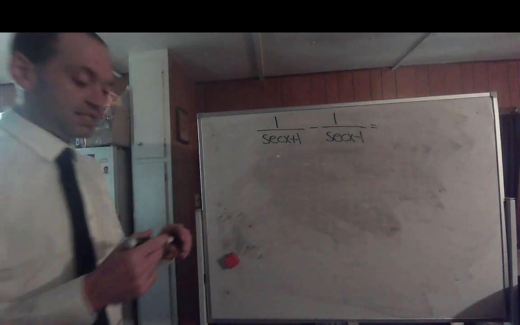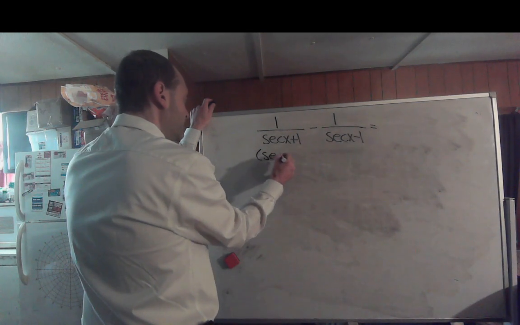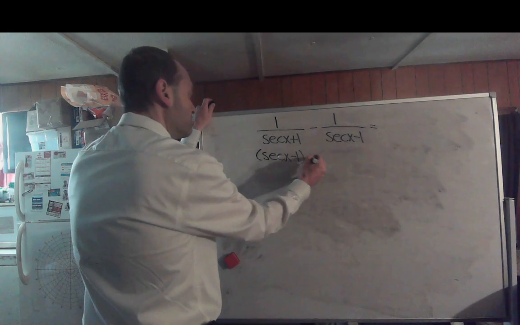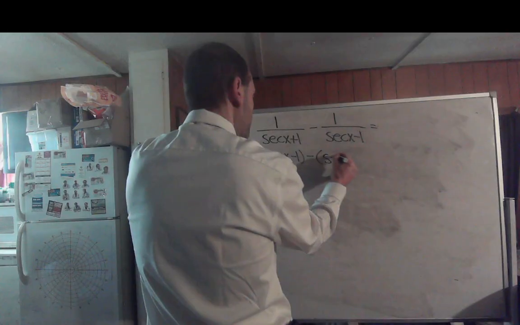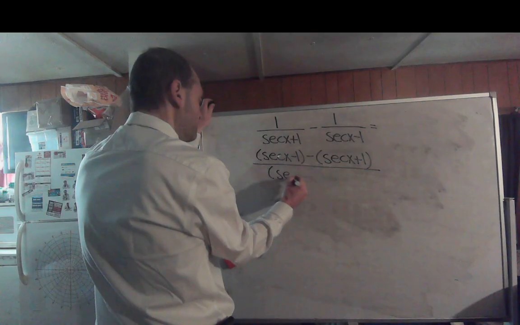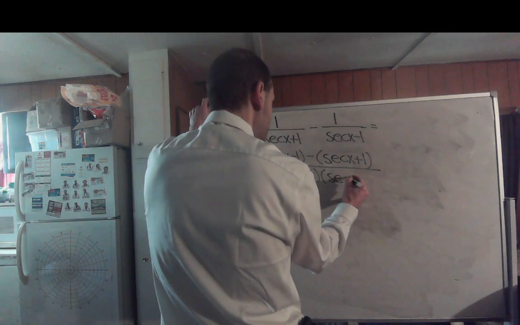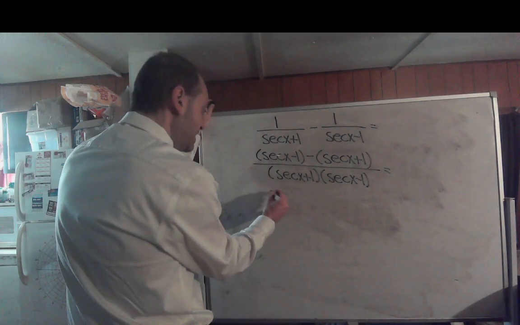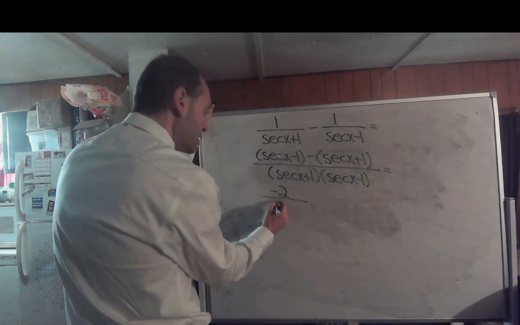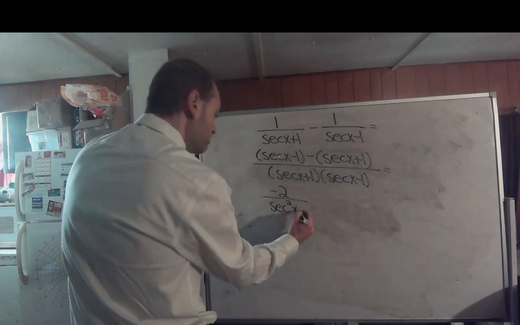Well, we definitely want to get the same denominator, so this would turn into the secant of x minus 1 minus the quantity of the secant of x plus 1 all over the secant of x plus 1 times the secant of x minus 1. The numerator should simplify into negative 2 all over the denominator of the secant squared of x minus 1.